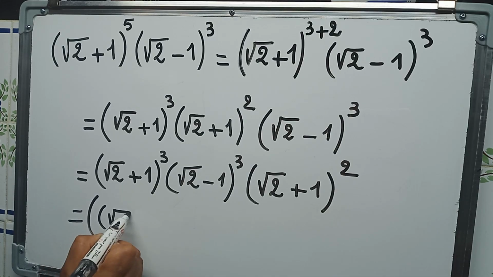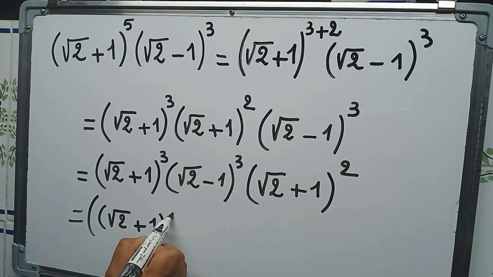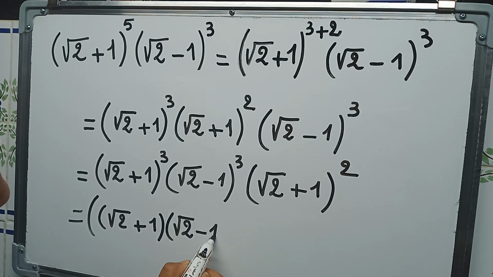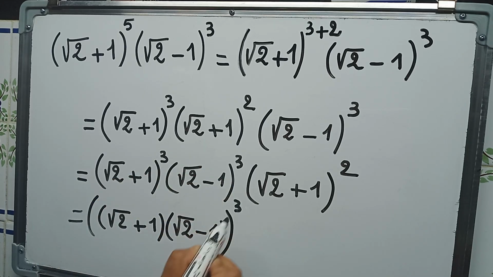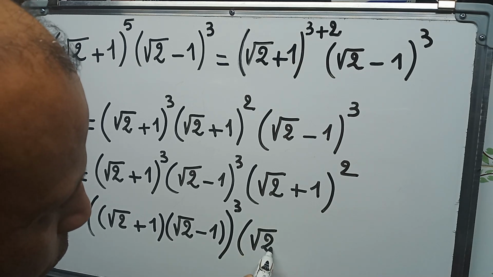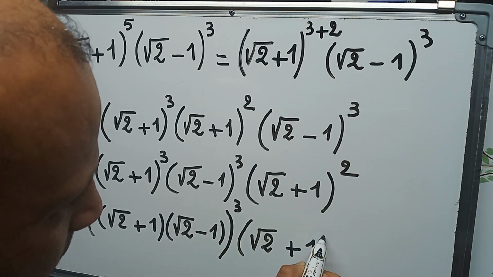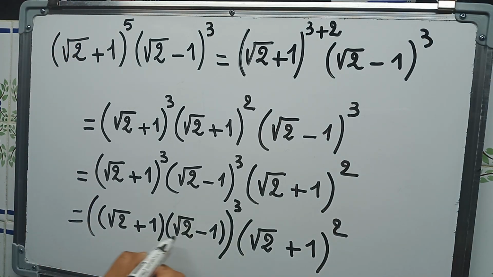So here it's equal to square root of 2 plus 1 times square root of 2 minus 1 to the power of 3 times square root of 2 plus 1 squared. And here, of course, we have gained our conjugate nearer to other. So here we can use the special product.